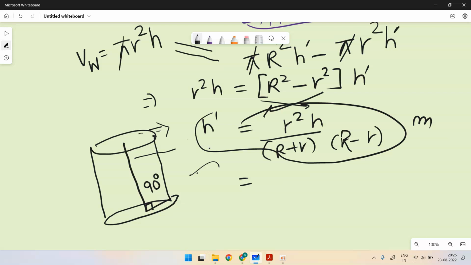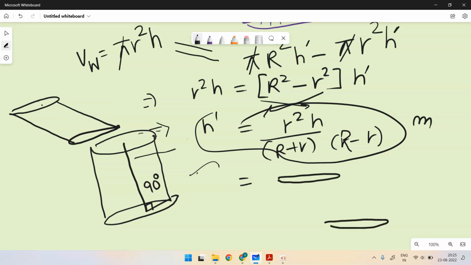What is the other cylinder? If you draw center to center, this angle is not 90 degrees, so it is not a right circular cylinder.